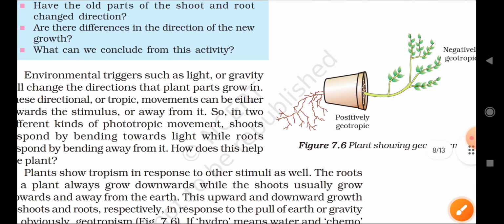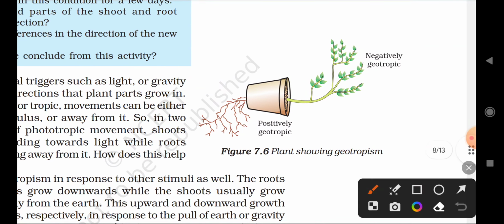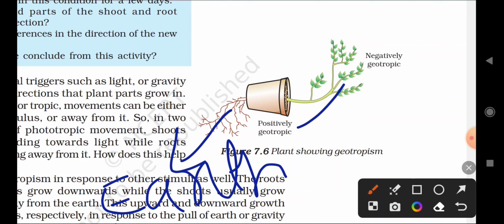The experiment is here, figure 7.6. The roots are going towards the earth, correct? And the shoots are growing away from the earth. This is called geotropism. In geotropism, roots grow towards the earth and shoots grow away from the earth. It is called a geotropic movement.